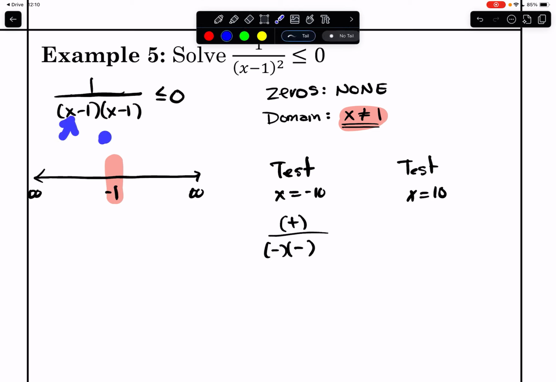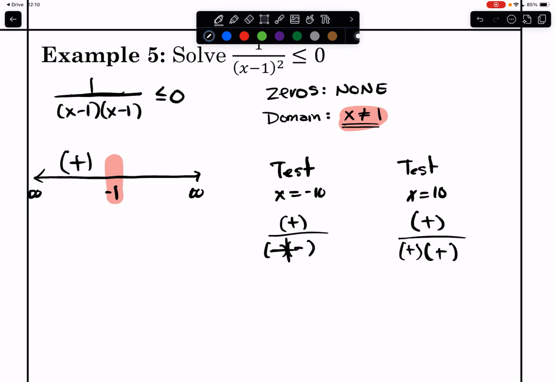These pair up to become positive and no more negative. So the entire thing is positive. Now for this one right here, x is going to equal 10. So 1 is positive, and 10 minus 1 is positive, and 10 minus 1 again is positive. So everything is positive.